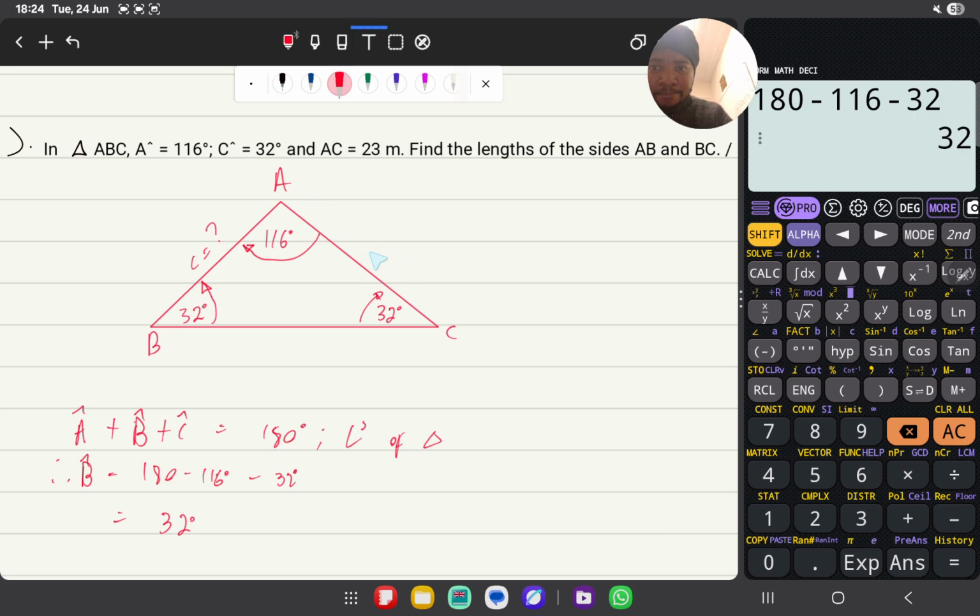Alright, cool. Because let me see, 180 minus 116 minus 32, it's 32.